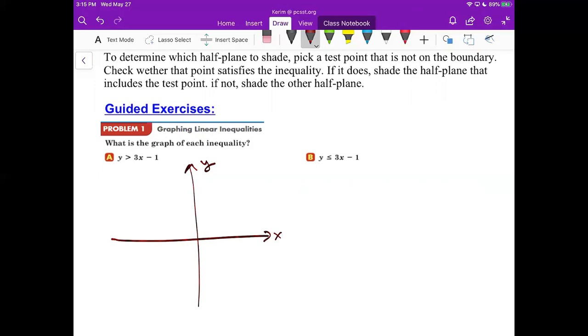Remember, we discussed that one, y equals mx plus b form. In this case, my b is -1, so I'm going to go to -1 and mark that first. First, I'm going to mark the y-intercept. Then I'm going to use the slope, the m, which is 3. As a fraction, 3 means 3 over 1.